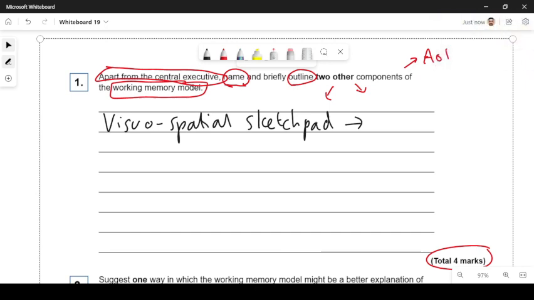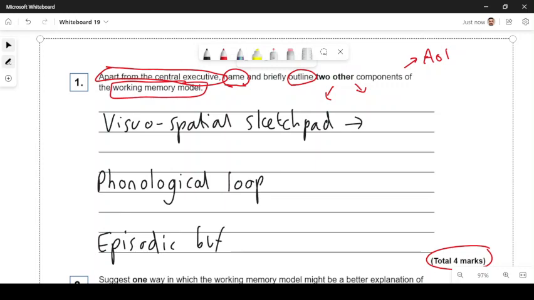We also have the phonological loop and the episodic buffer. So you would pick 2 of them, whichever ones you'd want. So let's say we pick this one and this one for argument's sake, but that will get you 2 marks.